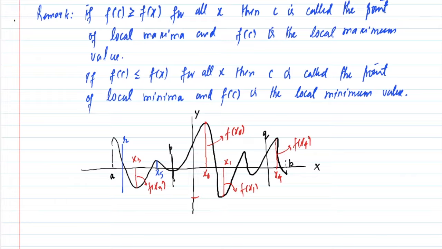This x5 will be the point where the function has the maximum value, which is positive here, and x3 is a point where the function has the minimum value on the interval r to p. So on this interval from r to p, the local maximum value is obtained at x5 and the local minimum value is obtained at x3. And in fact, throughout the interval a to b, the local maximum value is obtained at x0 and the local minimum value is obtained at x1.